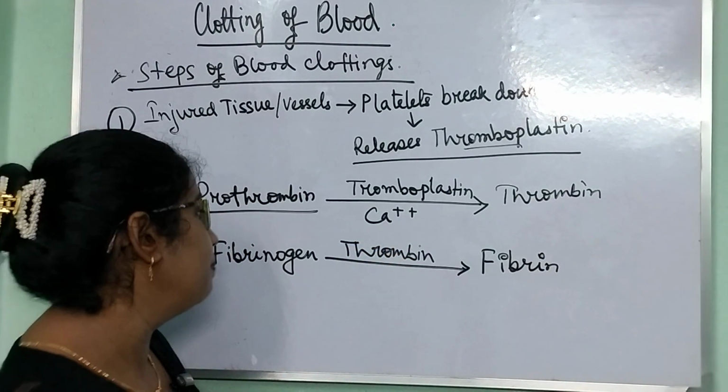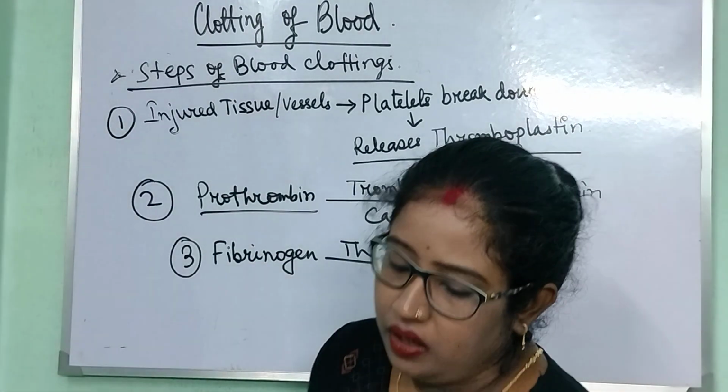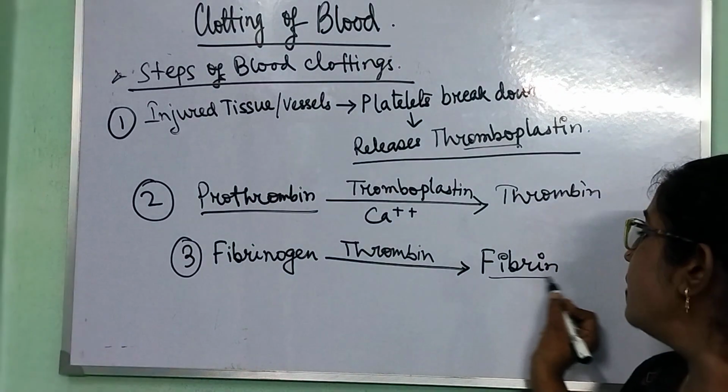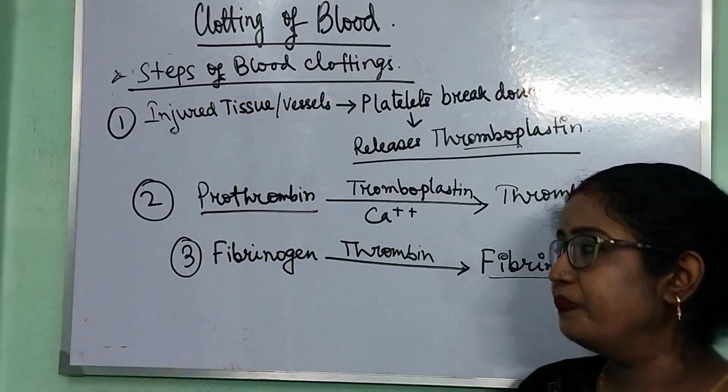With the help of thrombin, the fibrinogen is converted into fibrin, which is a mesh or jelly-like structure.